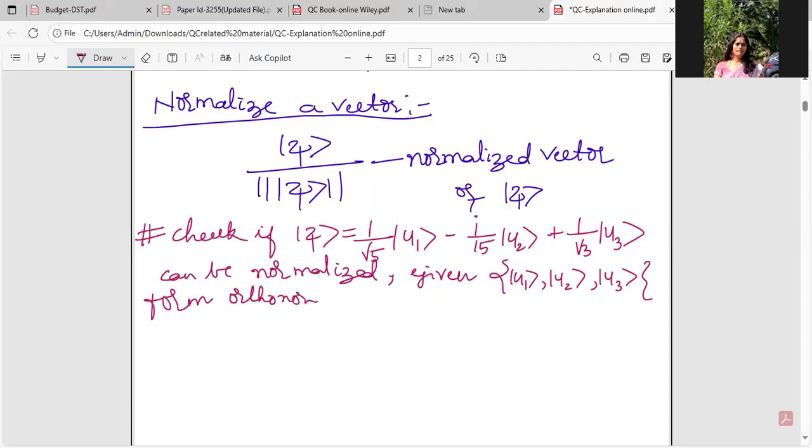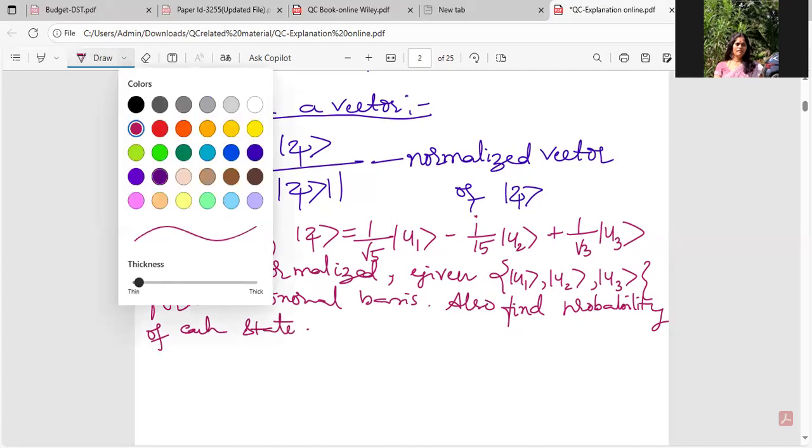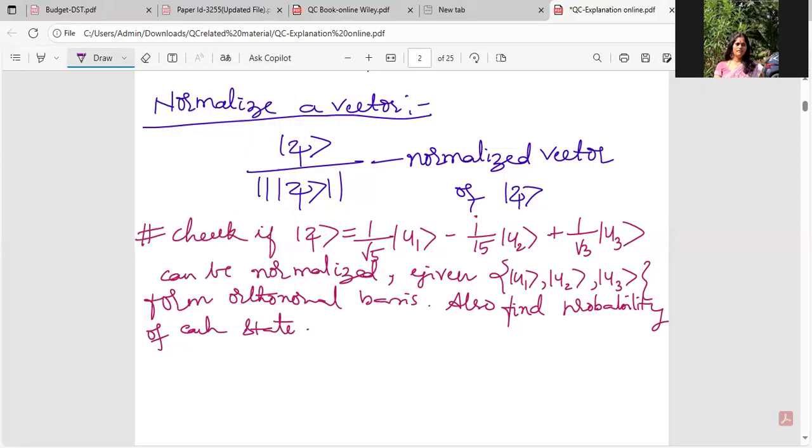Also find the probability of each state, which is an extra question. Okay, let's see the solution for it, and then all the other things are obvious.